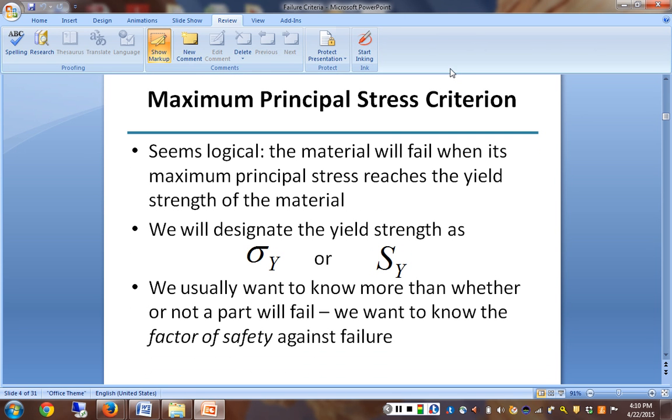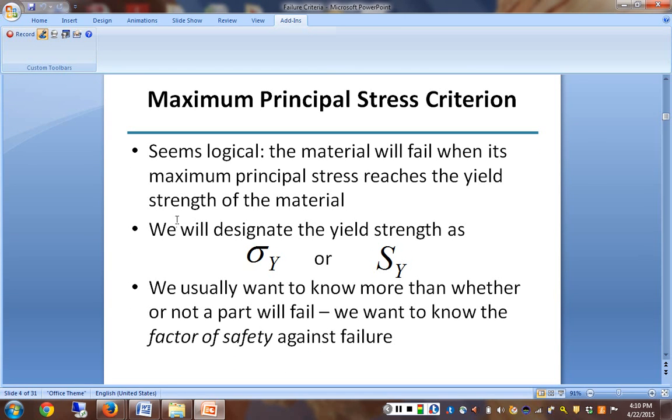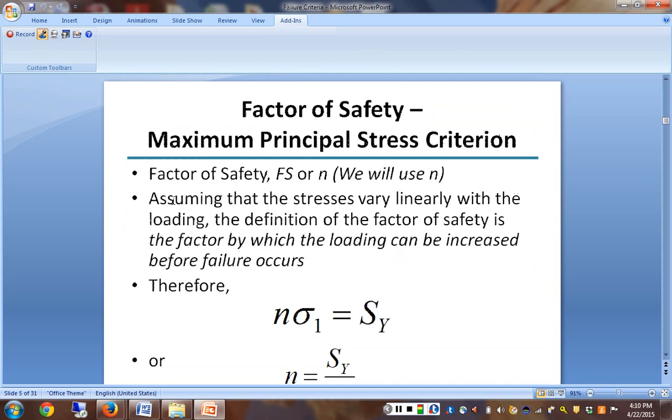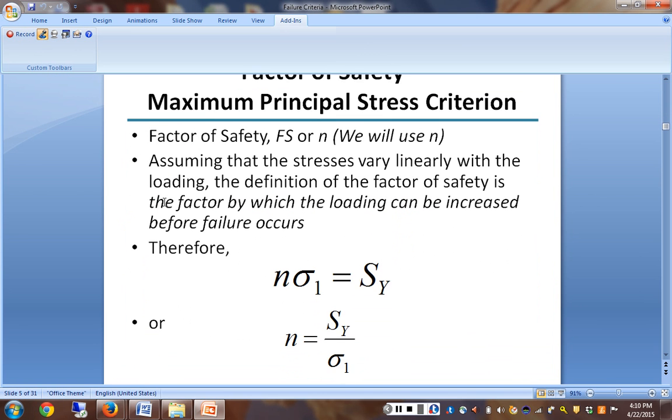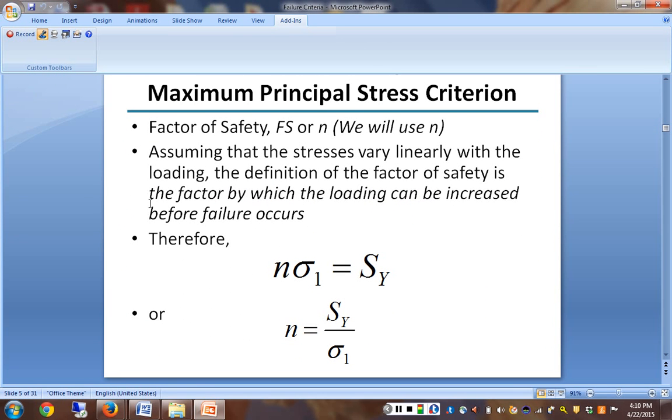And usually we are more interested in not just a yes or no. Are we at our yield strength? We want to know this ratio, this factor of safety. That's the last piece of the puzzle, and that's what you're going to code up in MATLAB tomorrow. Depending on the place, we either call it an FS or a lowercase n, again depending on nomenclature.